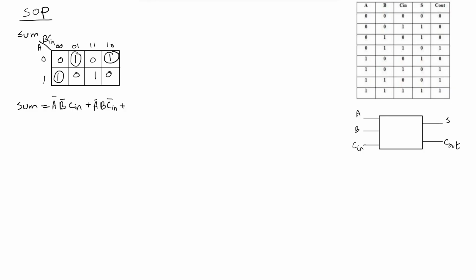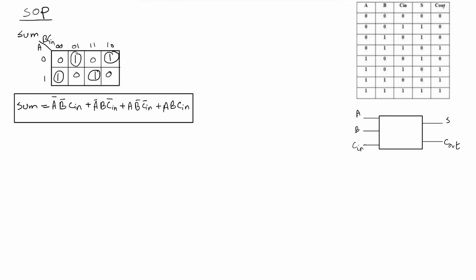This one here, A is 1, so this is A, and B, Cin are both 0, so this is B bar Cin bar, plus. For this last one, A is 1 and B, Cin are 1, so this is A B Cin. So this is the Boolean expression for the sum.